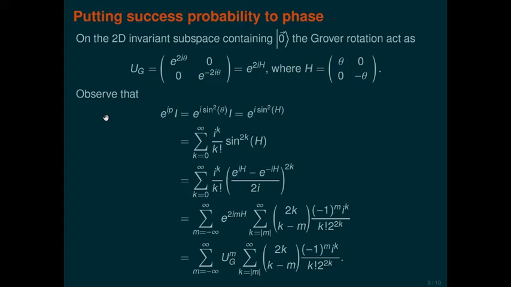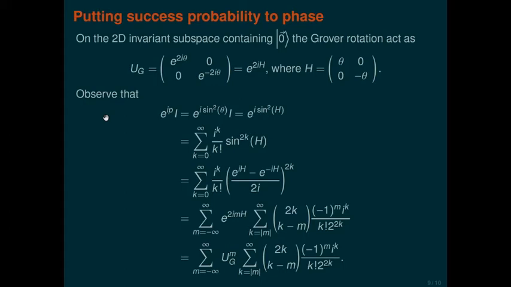And here I use the linear combination of unitaries trick. Well, it's probably too dense to digest all right now. The idea is that basically I want e to the ip, which is sine squared theta, and I just plug in this Hamiltonian because the sine square is, regardless of the sign of theta, always the same. And I just basically expand it in the Taylor series.